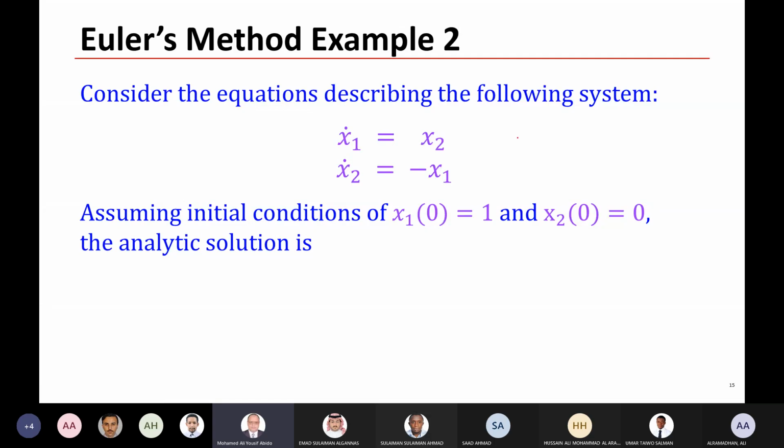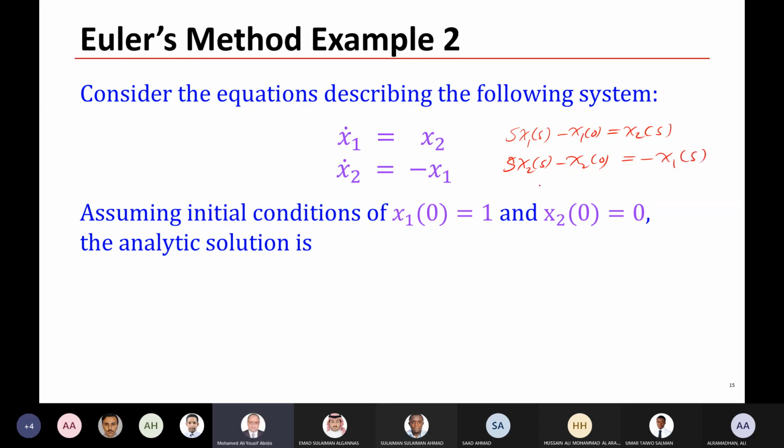Of course, you can write s x1 of s minus x1 of 0 equal to x2 of s, and s x2 of s minus x2 of 0 equal to minus x1 of s.